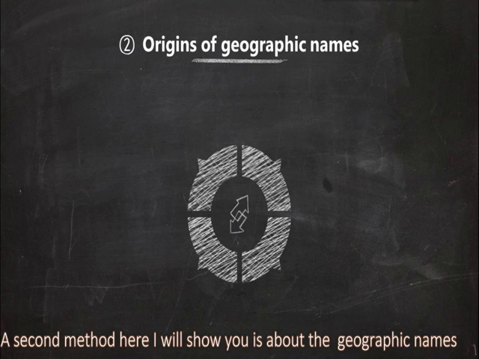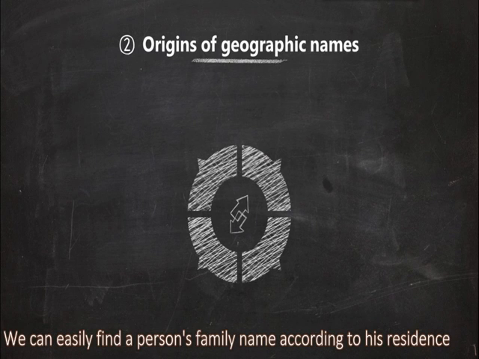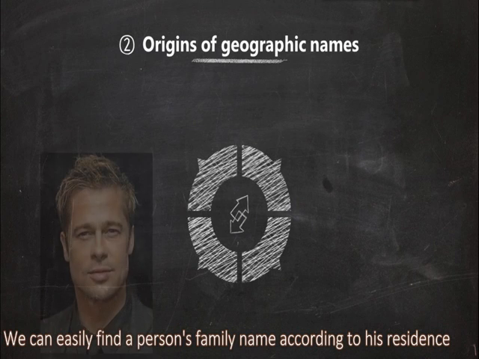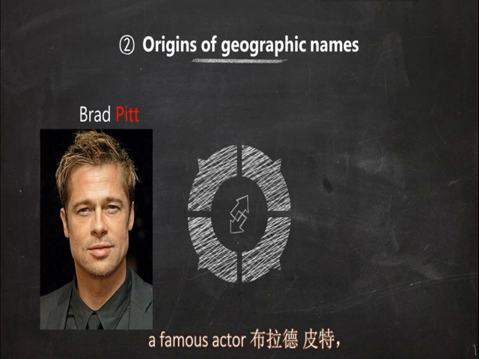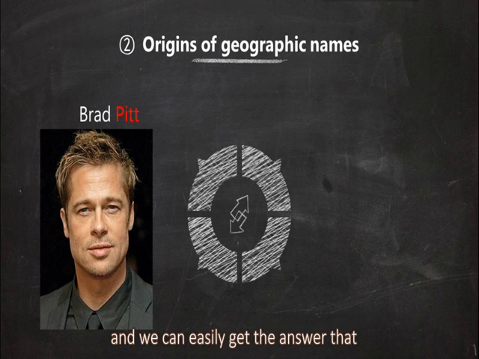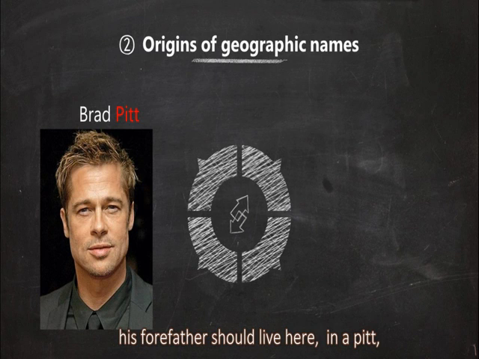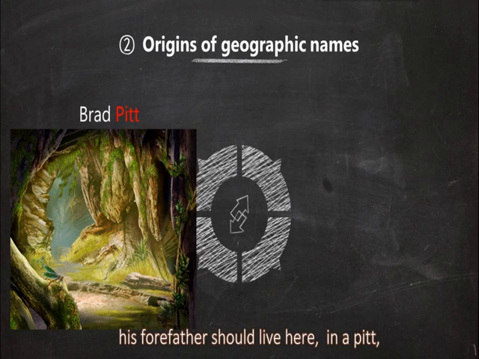A second method I will show you is about the geographic names. We can easily find a person's family name according to his residence, such as this one, Brad Pitt, a famous actor, 布拉德皮特. And we can easily get the answer that his forefather lived in the pit.